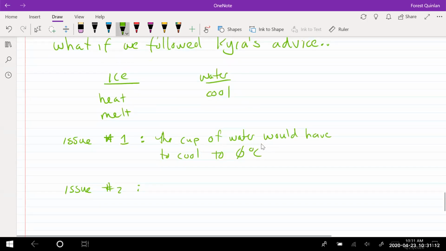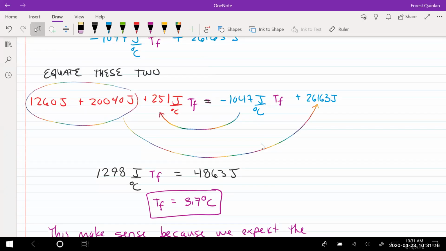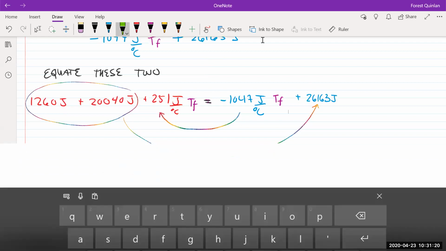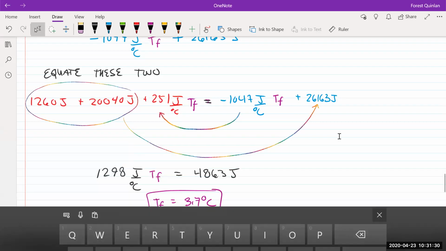So what I'm going to do is go up here. The first 2 numbers here in red, the ones that I've circled, that would be the total energy we had, and we would be expecting this thing to cool down. Watch what happens to the math.